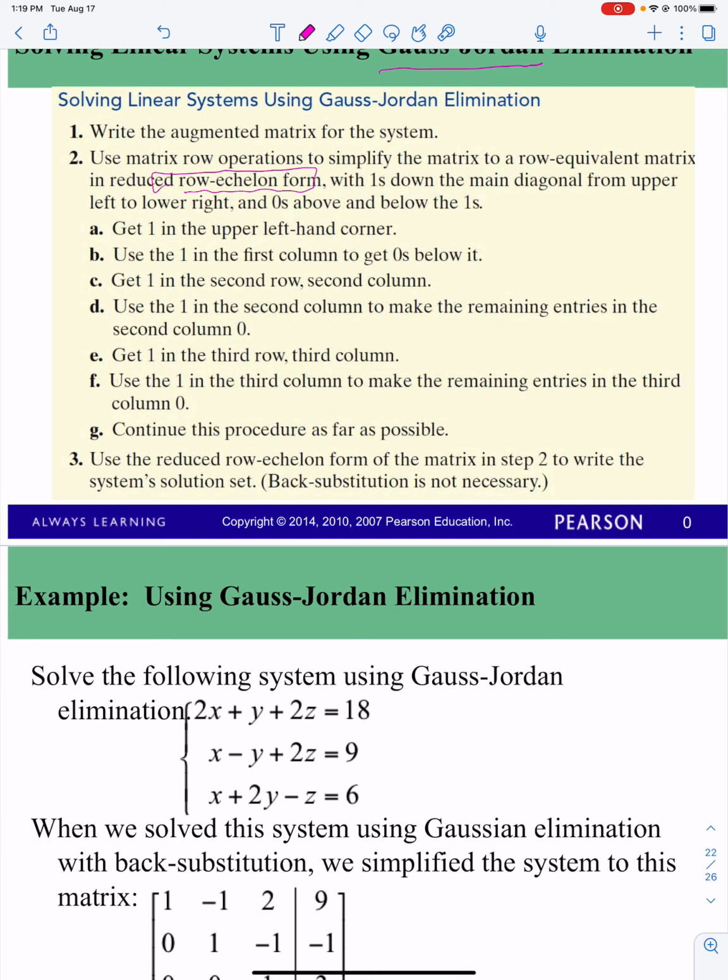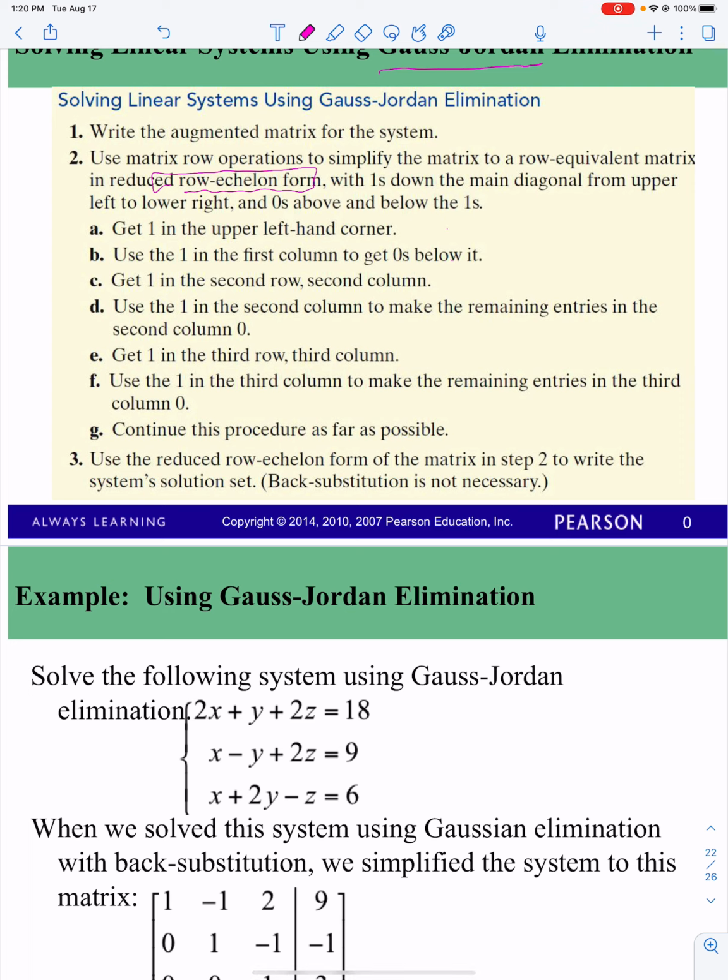So you get 1 in the first left corner. Third column, use the 1 to reduce. And then you reduce the row echelon form of the matrix in step 2 to find the system solution set.